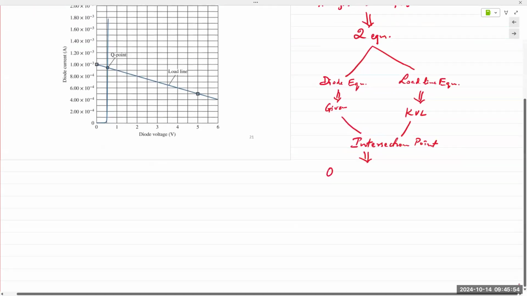The Q stands for quiescent. Let me see if I can spell this correctly. Quiescent. Or more commonly known as the Q point. It is also known as the operating point for that circuit or for that diode.